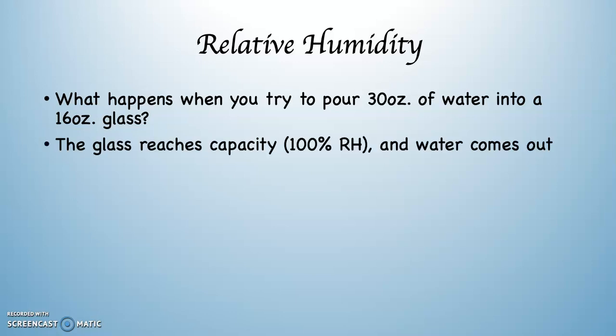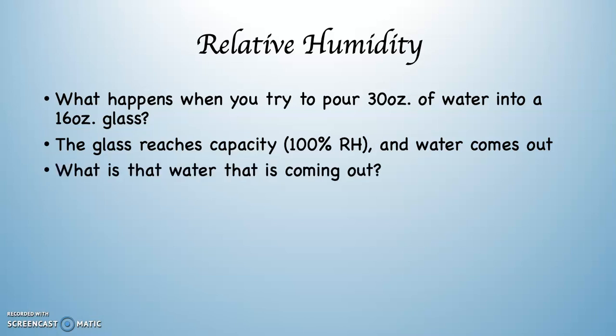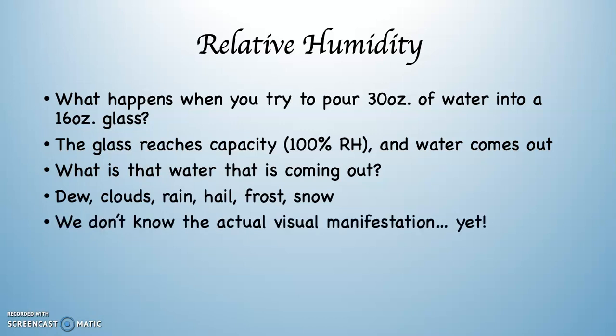The glass reaches its capacity, which would be representative of 100% relative humidity in the air, and water comes out. What is that water that comes out? Well, if it's the atmosphere, what? Dew, clouds, rain, hail, frost, snow? We don't really know yet. But we will figure out what the actual visual manifestation is. Just not yet, but we're coming to it.